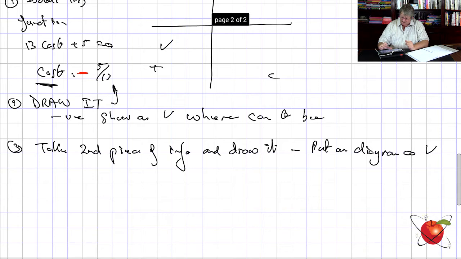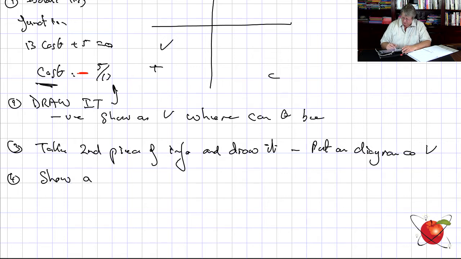The last thing I now say, number 4, is show angle theta. It is in quadrant with 2 tick marks, right? So it's where both pieces of information actually agree with each other. That's all we're doing. We're putting them there, we're making both pieces of information agree with each other.